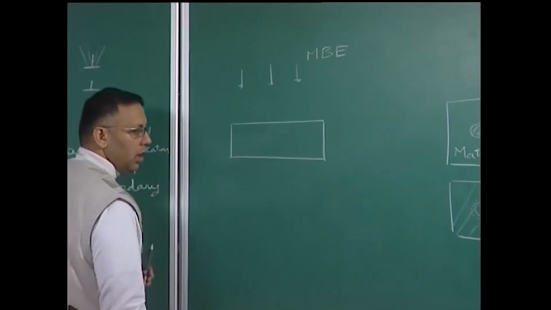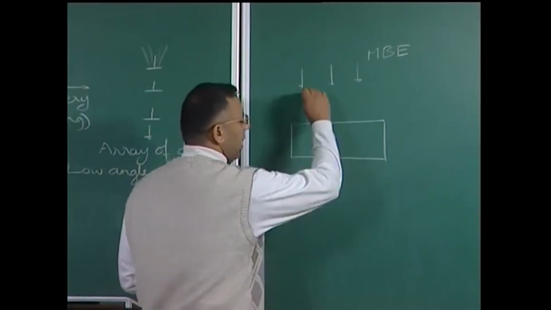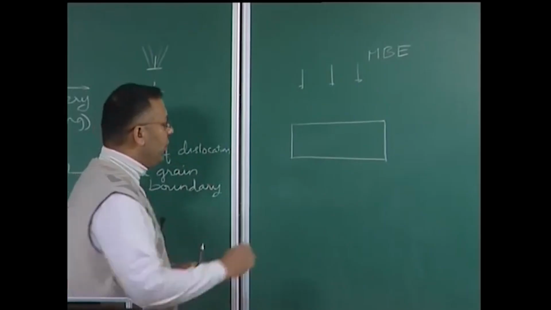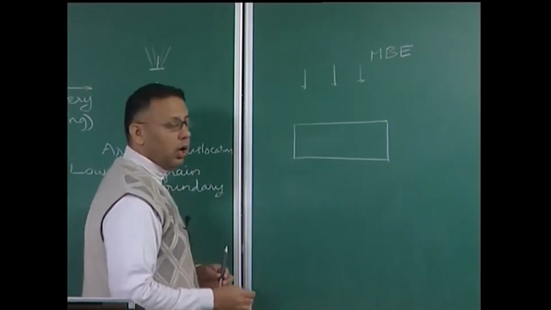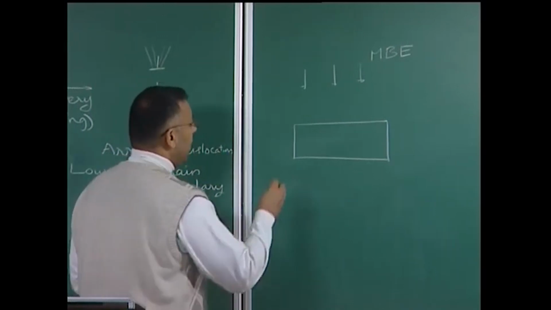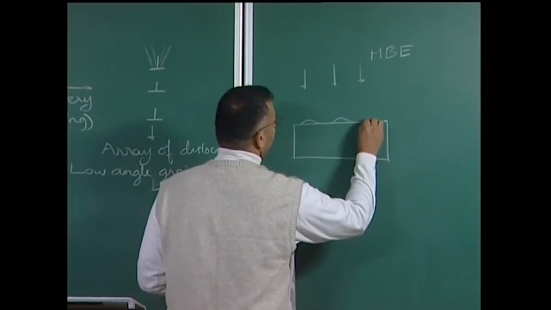This deposited material has three possible modes of growth. Either it can grow in the form of layer by layer growth, or it can grow first as a layer followed by the formation of an island on top of the layer, or the third possibility, which we have shown here, is a direct nucleation and growth of an island.